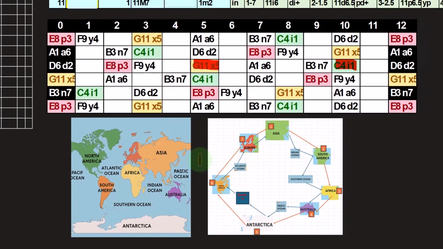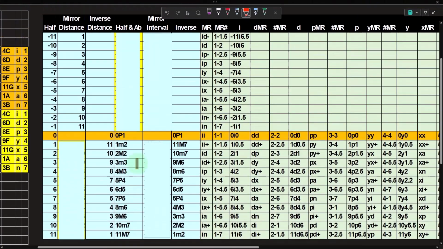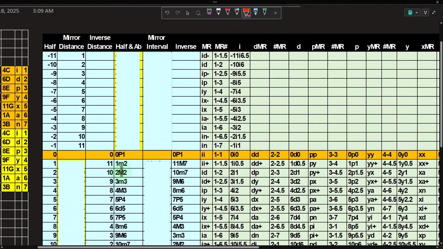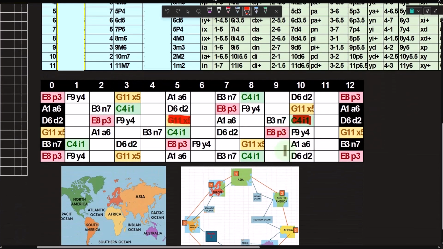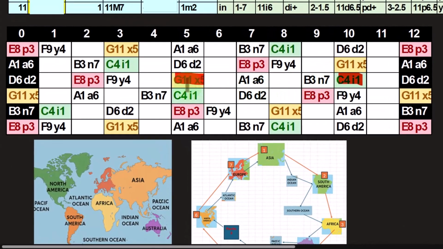I also don't have an easy way to apply the naming conventions with the major, minor, and perfects, right? If I say this is going in the negative direction, 1, 2, 3, 4th, the negative 4th scale degree, is it a major, a minor, or a perfect? I'd have to figure out what it was going forward to figure out the naming convention going backwards.